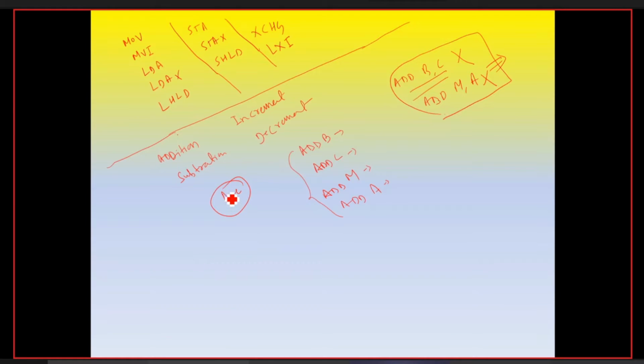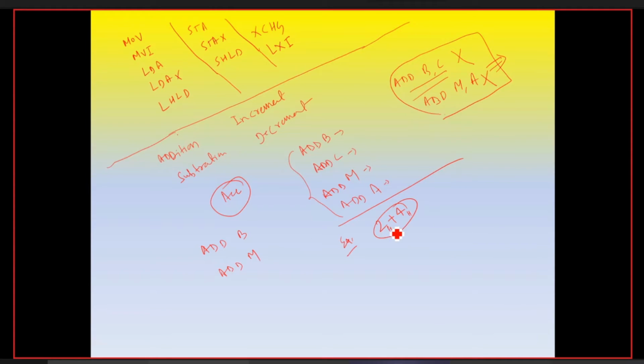So we have in the addition, add B, add M. Okay, so add B. Suppose you have to perform 2 + 4, both in hexadecimal. तो हम क्या करेंगे, एक नंबर को हम मूव करेंगे एक्यूमुलेटर में, और दूसरा रजिस्टर बी में, बिकॉज हम लोग को यूज करना है एड बी.